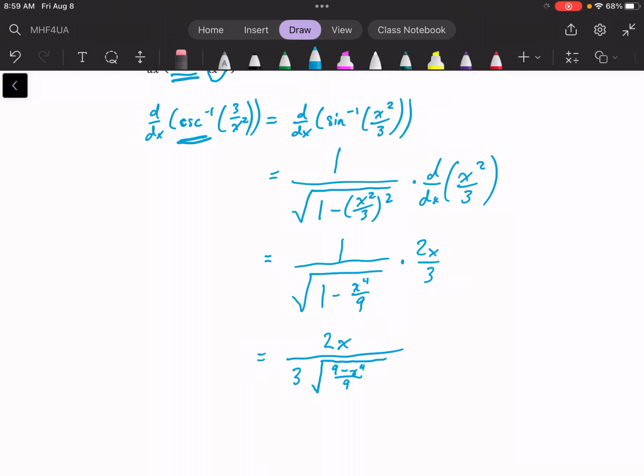Now the square root of 9 is just 3, so that 3 with this 3, that square root of 9 and that 3 will cancel. So now you get the expression 2x over the square root of 9 minus x to the 4. And there you go. There's the derivative of that expression. And thus concludes this lesson.